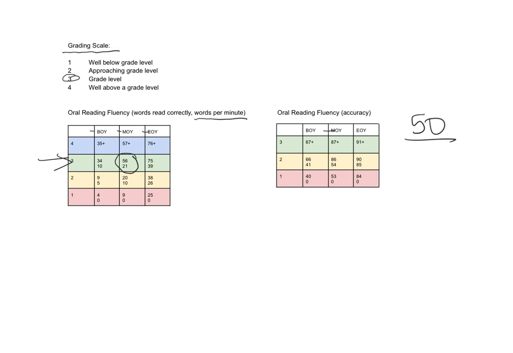So if 50 words were read correctly, but 60 words were read total, I would do a division problem of 50 divided by 60, and that's going to give me 83%. So this child is reading 83% accurately. So I will come over to my chart, and I see that 83% is here in yellow. So I would give the child a 3, which is grade level, for fluency, and a 2, which is approaching grade level, for fluency accuracy.